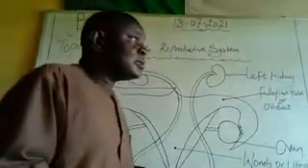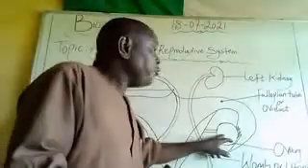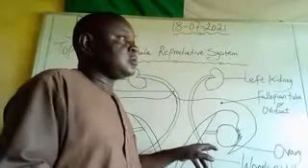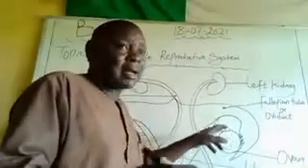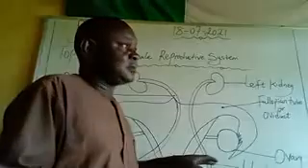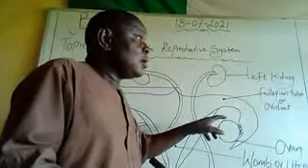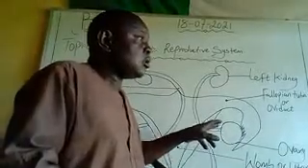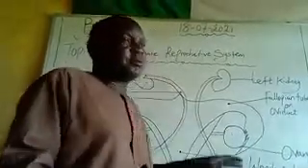Ovary produces female sex hormones for secondary sexual characteristics. It produces female sex hormones known as estrogen and progesterone.